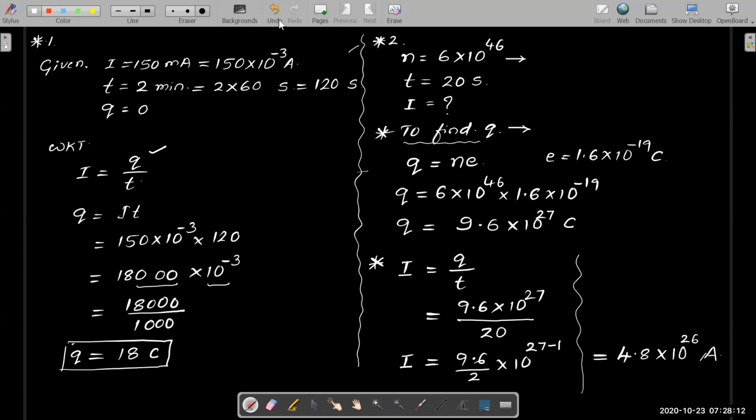Now we have the third problem. Note down the third one.